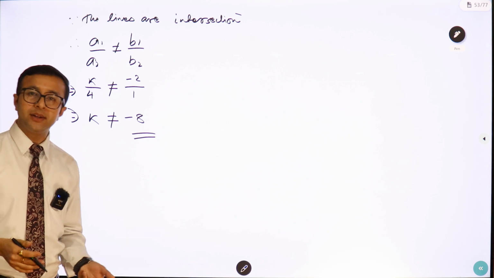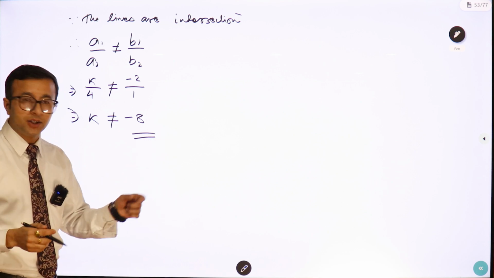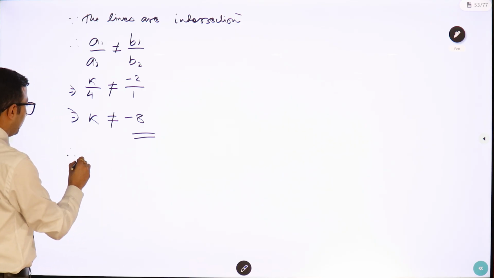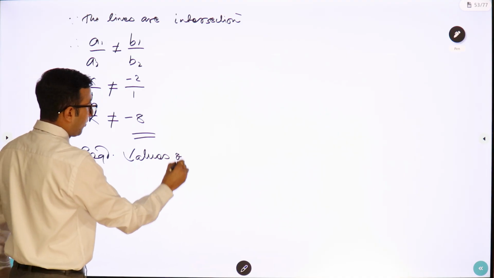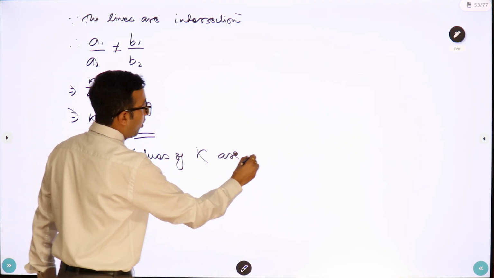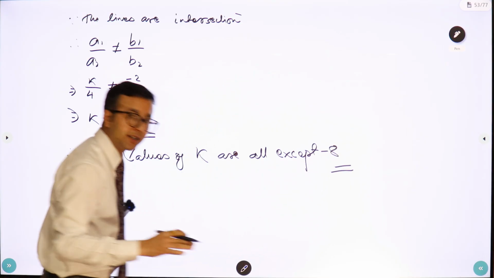It means, what will be the value of k? The value of k will be anything other than minus 8. So we can say that the required values of k are all real numbers except minus 8.